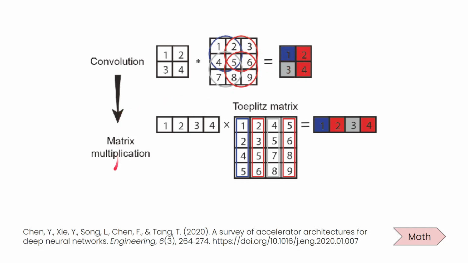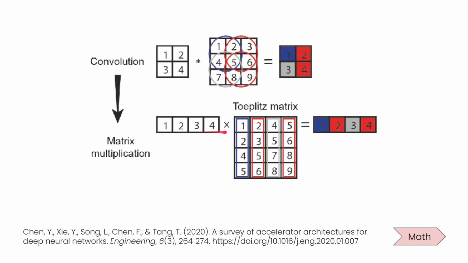Well, with some mathematical jiggery-pokery, we can take all of these computations, all of the multiplications and additions, and reformulate them into a matrix-matrix multiplication. Except we have to rearrange the inputs in a special way, which is called a Toeplitz matrix. Let me give you a specific example. So with the first filter placement, we had 1, 2, 3, 4, and 1, 2, 4, 5. So first multiplies by first, second by second, third by fourth, fourth by fifth.